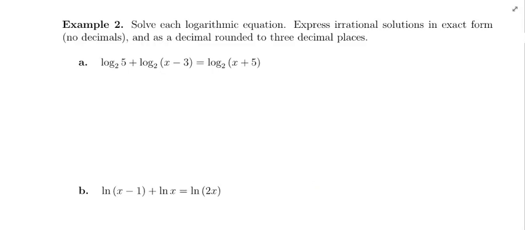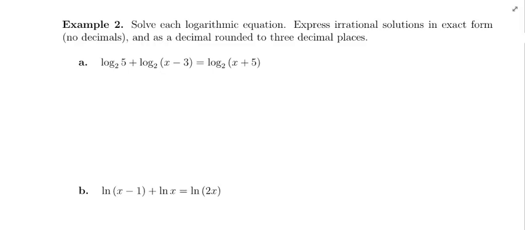Something to notice here is that there are 3 different logarithms involved. They're all base 2, so you could theoretically move them all to one side and condense the logarithms into one and then have a logarithm equal to a number. That's perfectly fine.